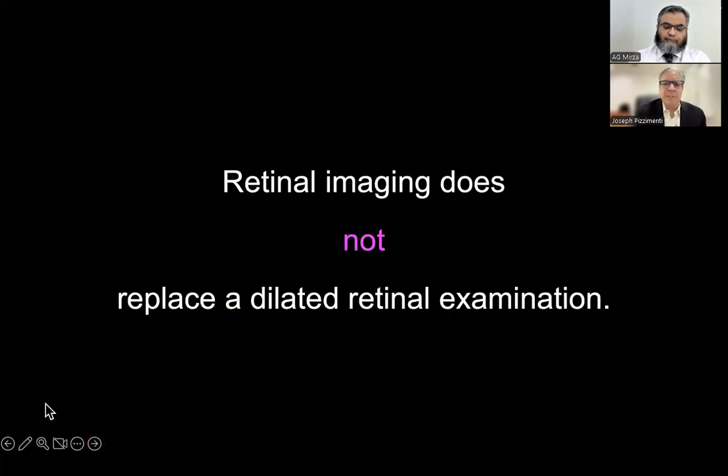I do want to emphasize that while these retinal imaging methods are wonderful, they do not replace a traditional dilated retinal examination.